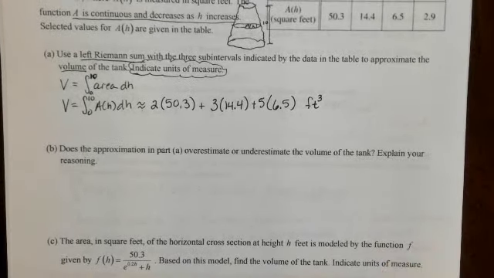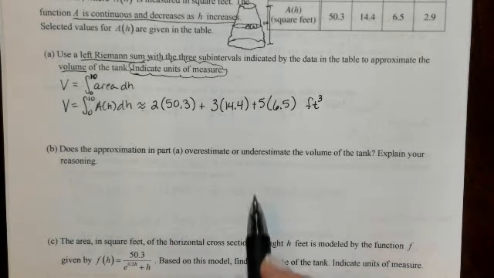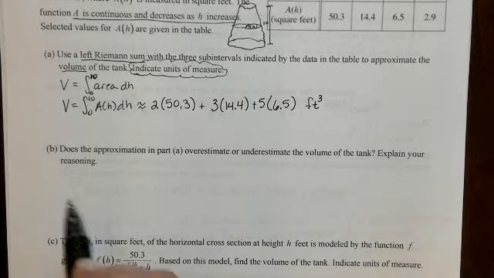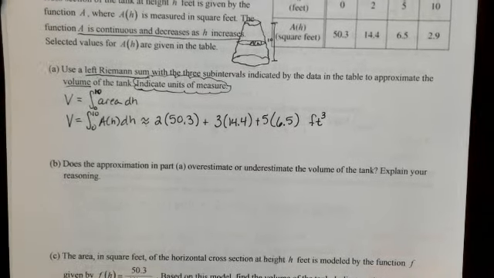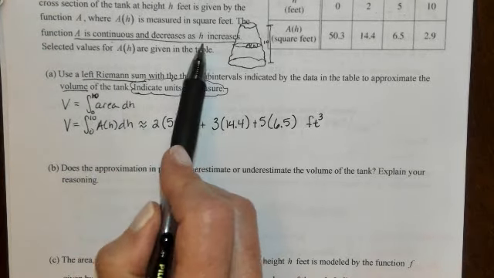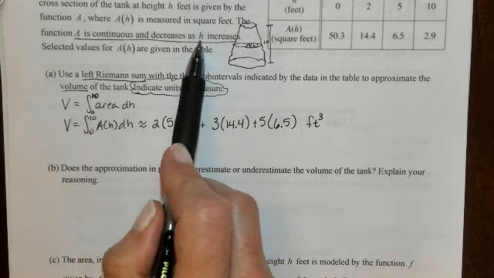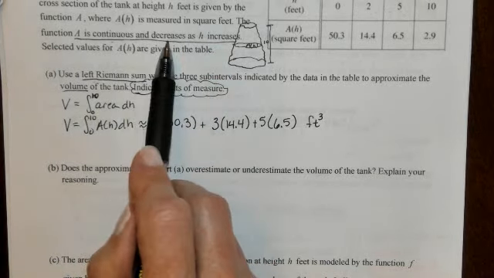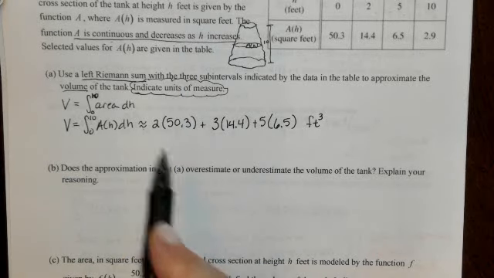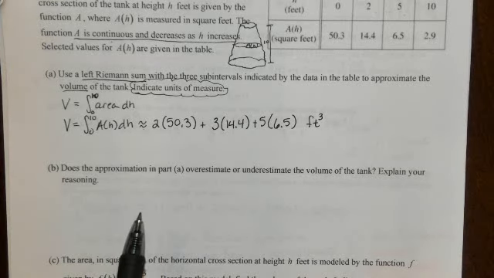Okay, next up. Does the approximation in part A overestimate or underestimate the volume of the tank? Explain your reasoning. Well, this is where we're going to use this piece of information. A is decreasing as h is increasing, so A is a decreasing function. And we used a left Riemann sum to approximate a decreasing function.